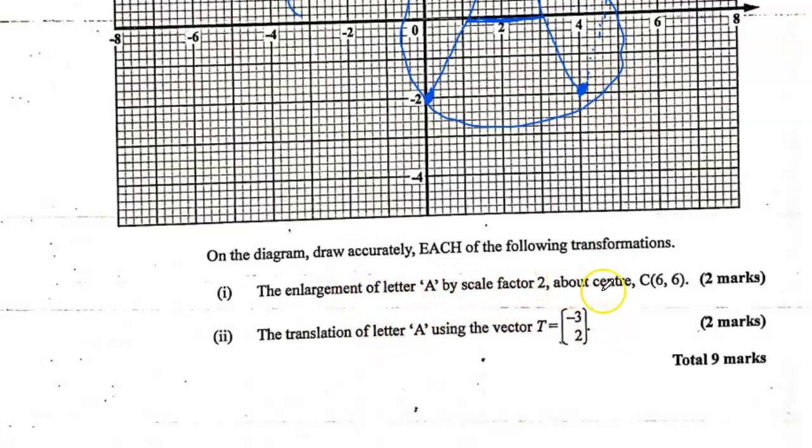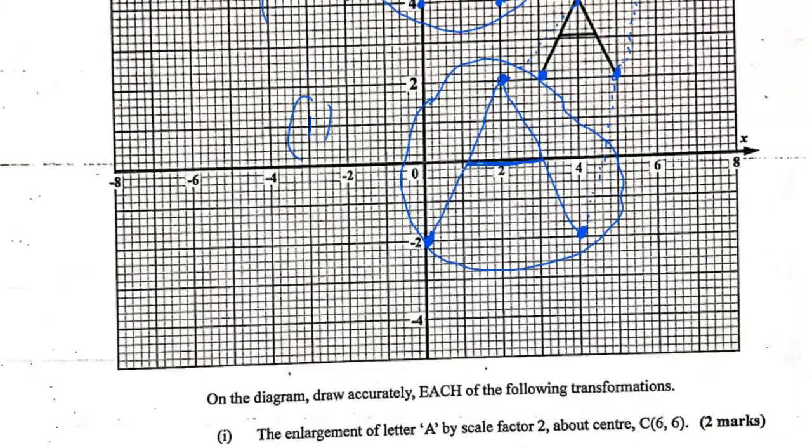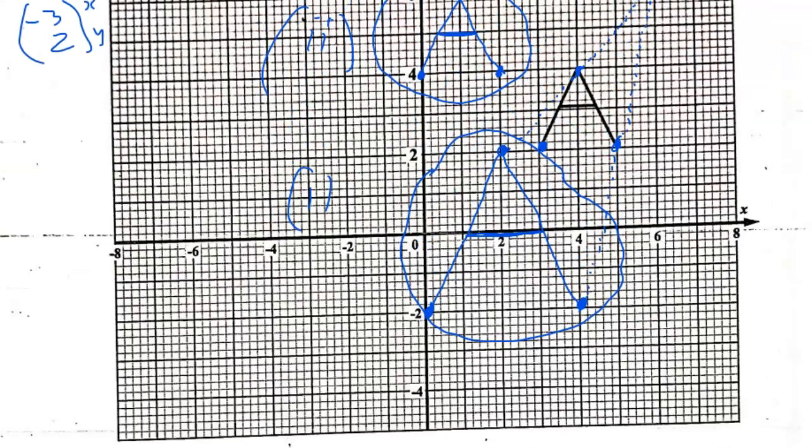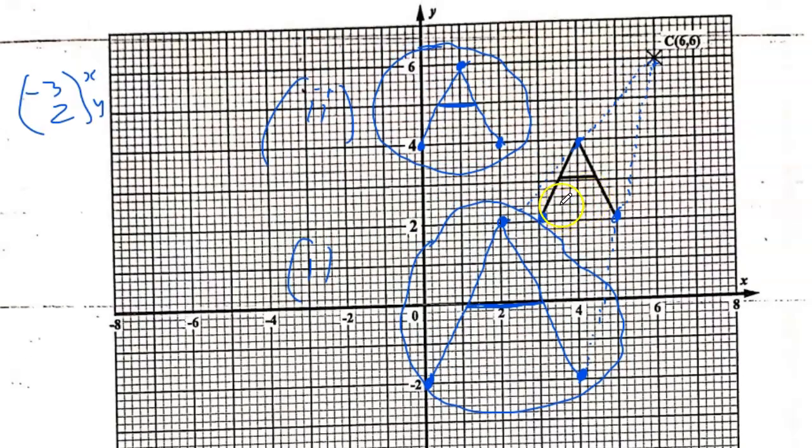Notice when the object was enlarged, the size increased. Each length of each side was doubled, and when the object was translated, the size did not change, the shape did not change. Each point moved 3 places to the left, which is what the negative 3 indicates, and 2 places up, which is what the positive 2 indicates.